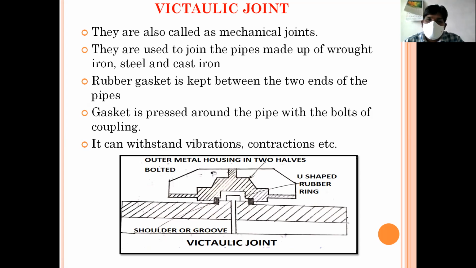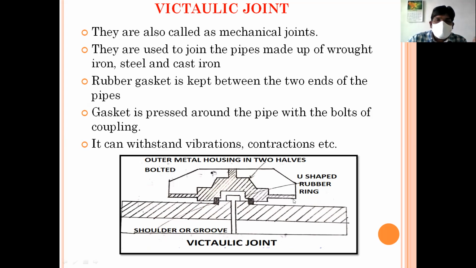Likewise, the joint will be leak proof. Understand? See here the groove: the first half of the joint, the first half of the victaulic joint, will be kept at one side. The same structure will continue at the other side. See here, these are the pipe ends. See here, the rubber gasket ring. The same will be at the other side.